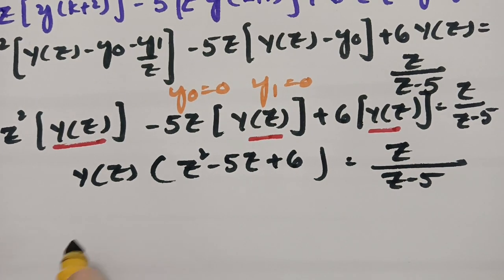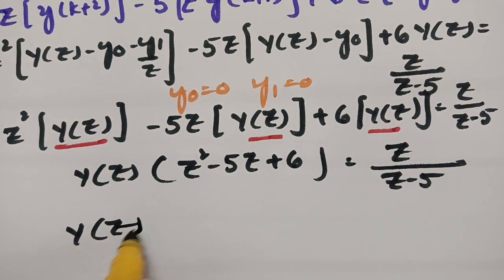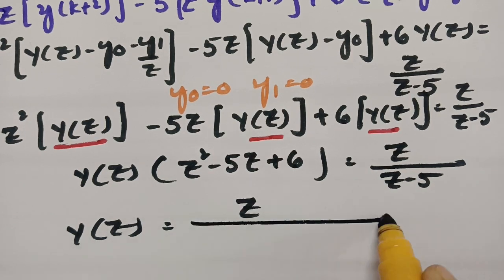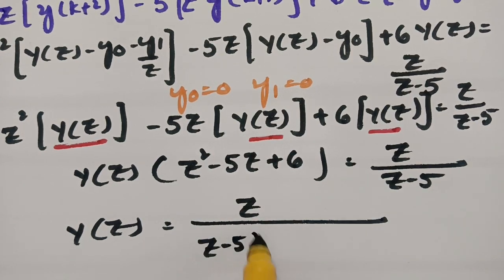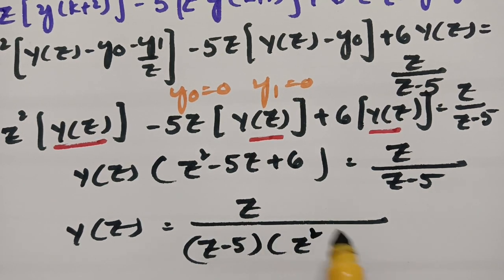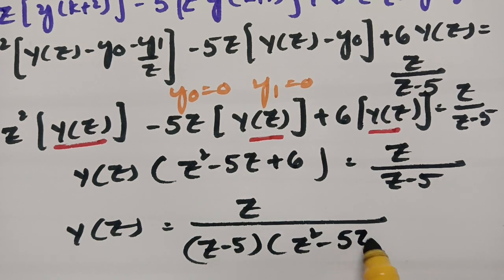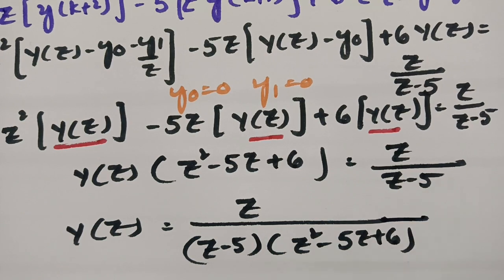So Y(z) can be written as z/(z minus 5) divided by (z squared minus 5z plus 6).